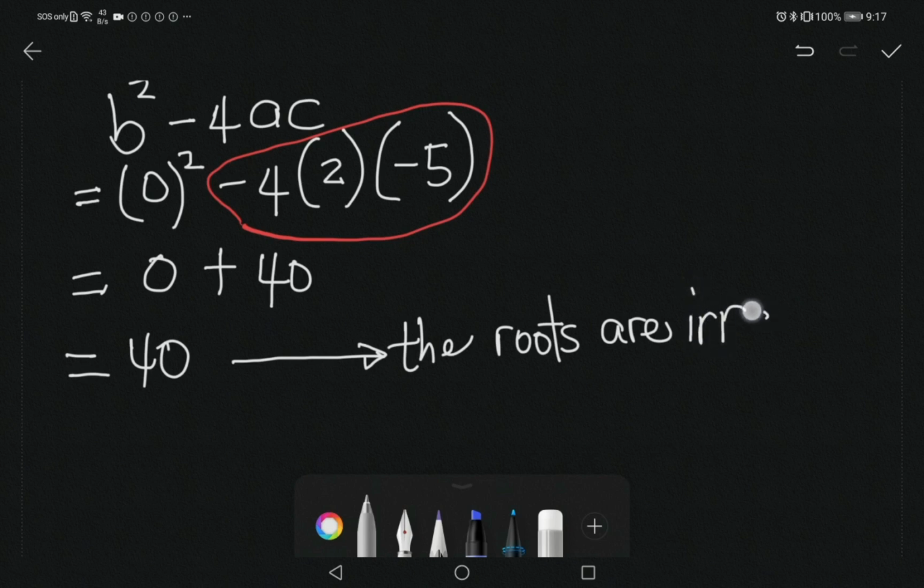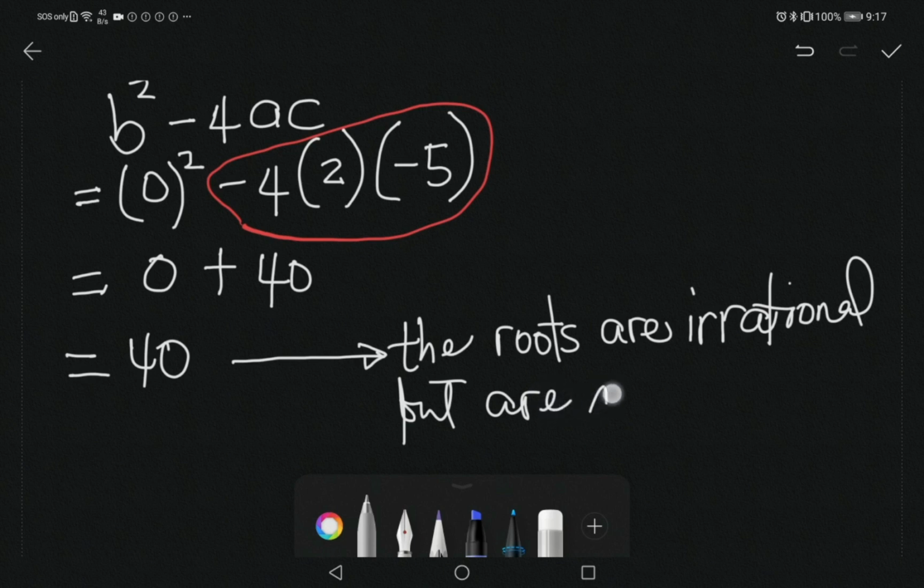Are irrational but are not equal. Basta dili mas square root or dili siya perfect square, mao gyud na imong isulat. The roots are irrational numbers.